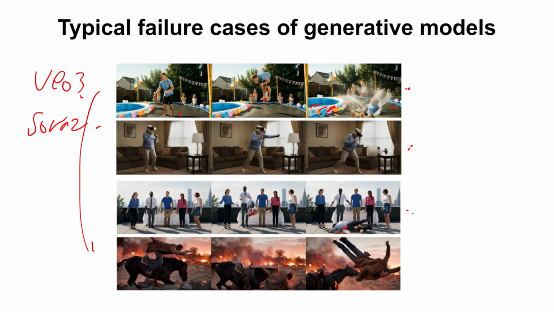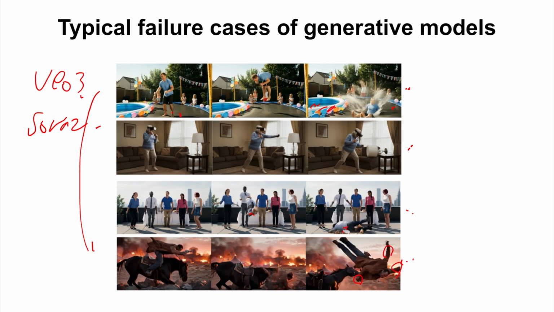That is, of course, a failure case of generative models. And in this one, a guy is riding a horse and falls down, and then suddenly he jumps up. The ground plane is just rock. There is no trampoline, but suddenly this guy jumps up after falling down. This is, of course, physically implausible. And there are three arms, right? Three arms.